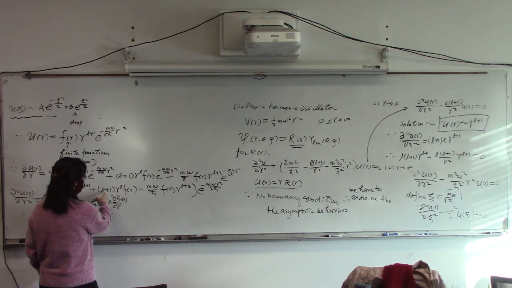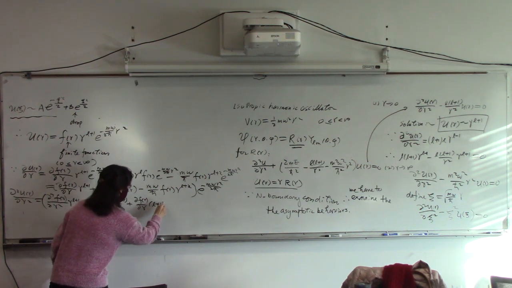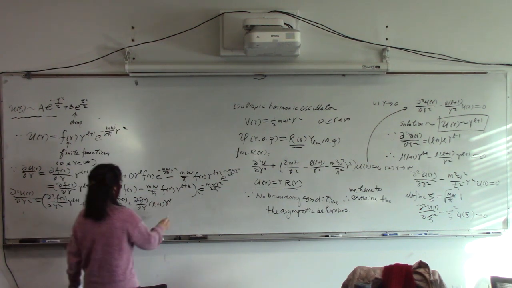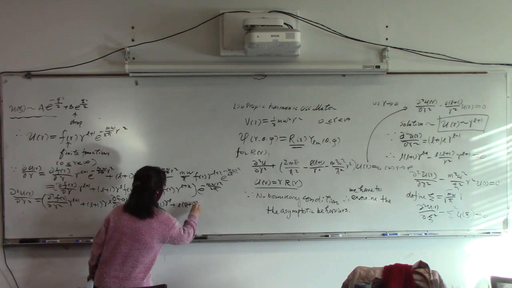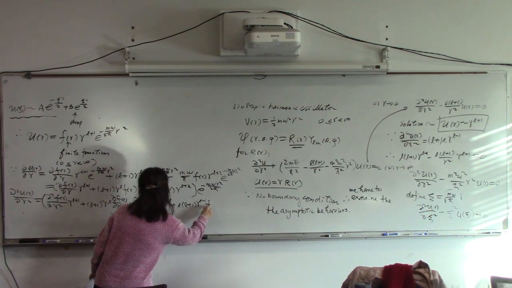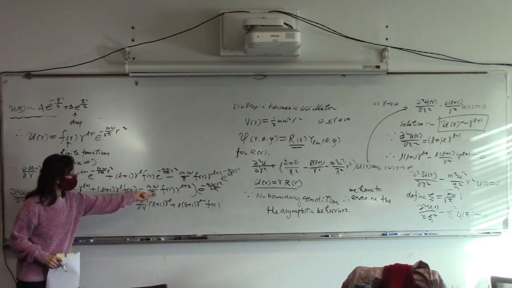Then we go to this one. Let's first do this partial f(r), partial r, so we keep l plus 1, r to the l. And then the second one is l plus 1, l, r to the l minus 1, f(r). This term. Then we go to this term.